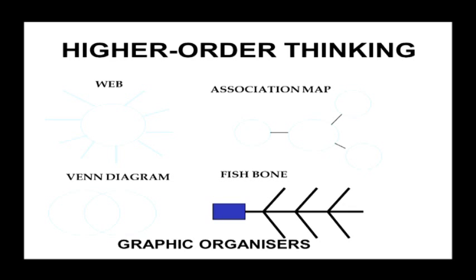So, it could be the blue box is the effect, and the various causes would be the spokes coming up from that. So, what were the causes of World War I, for instance? There are a number of things that, in fact, caused World War I, so you'd be able to use that graphic organiser to help assess that.